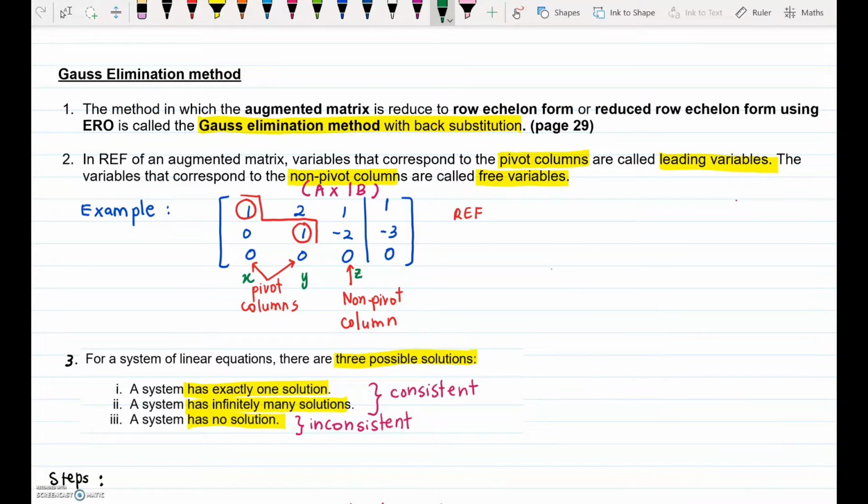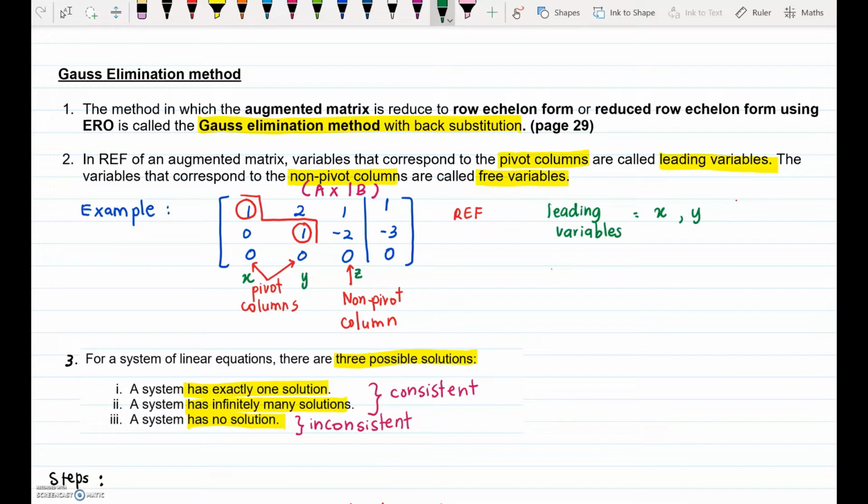Your pivot columns are the leading variables, meaning the columns which contain the leading one. So your leading variables here are x and y.